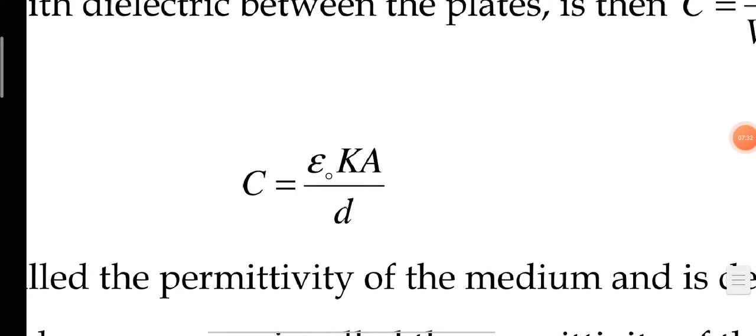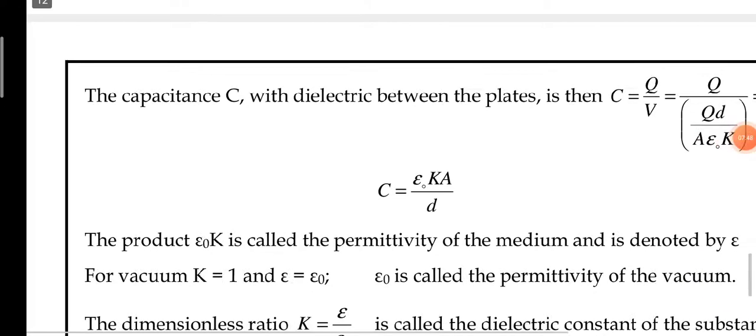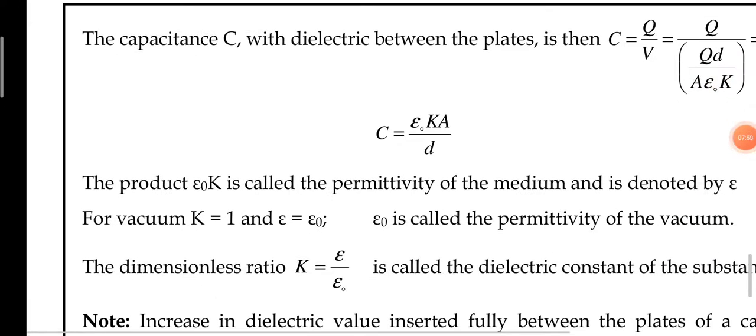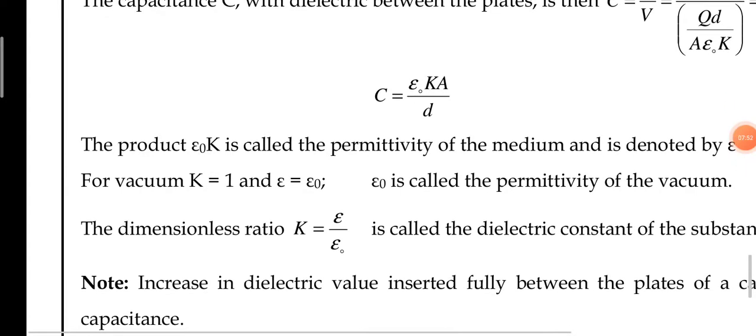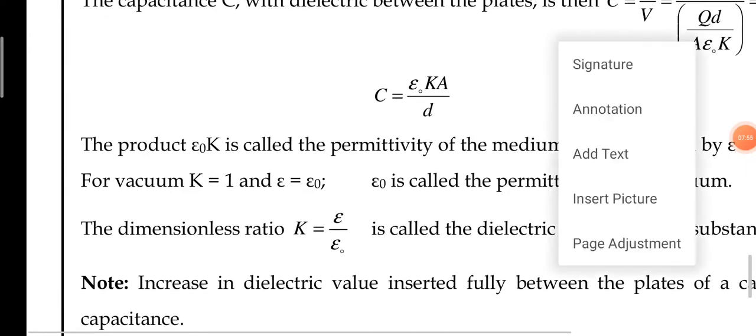Here K is the dielectric constant of the medium. Whatever medium you take, wax, mica, water, capacitance increases by that medium's factor. So with a dielectric medium between the plates, the capacitance is K epsilon naught A divided by d.